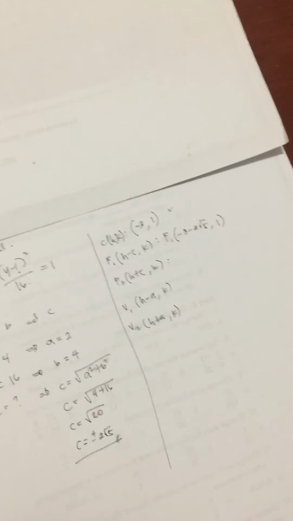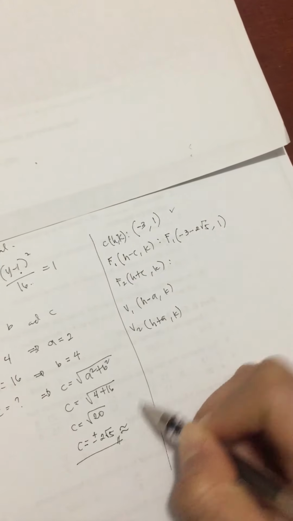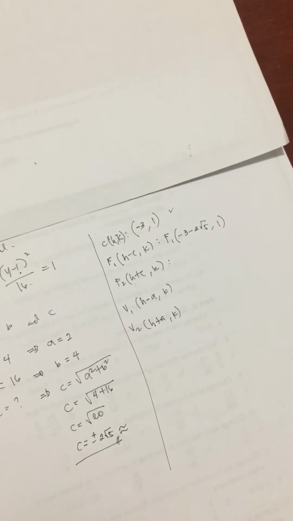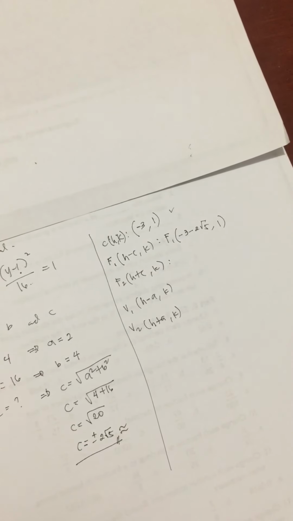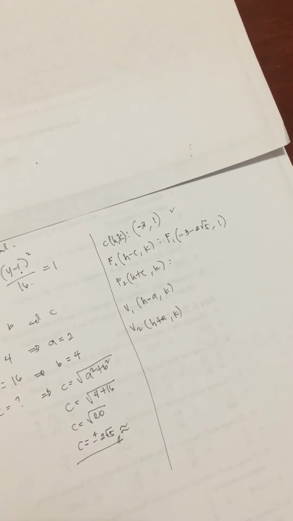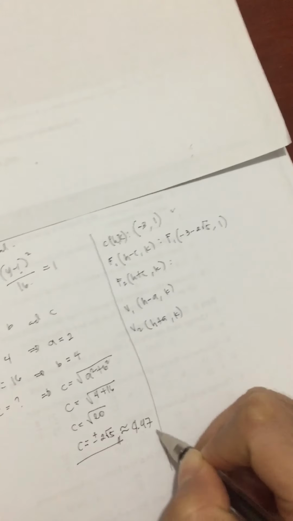Okay? And then, by the way, this is approximately equal to the value of your square root of 20. Just wait for a while, I'm just gonna make use of my calculator. Square root of 20, 4.47.